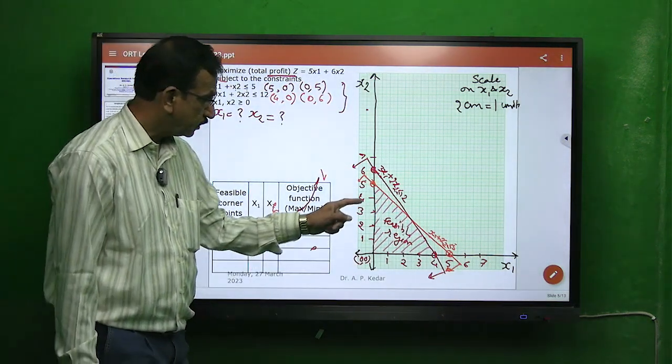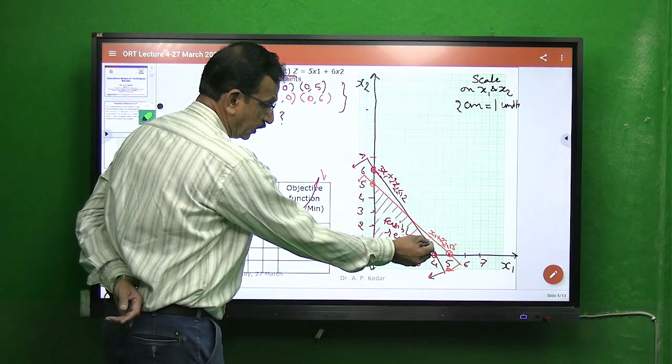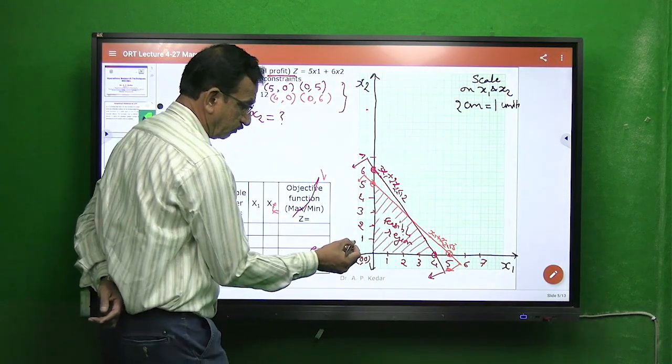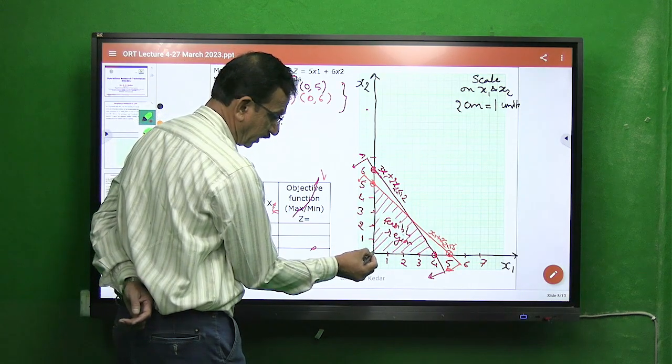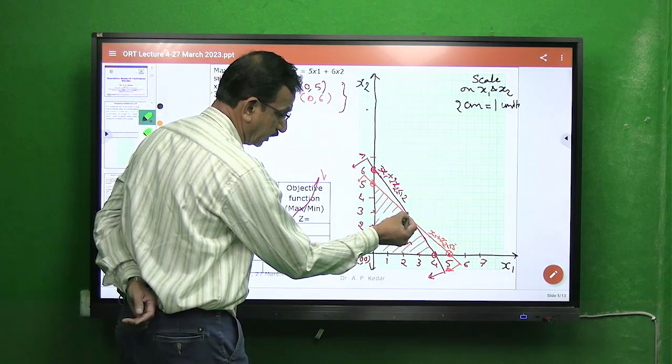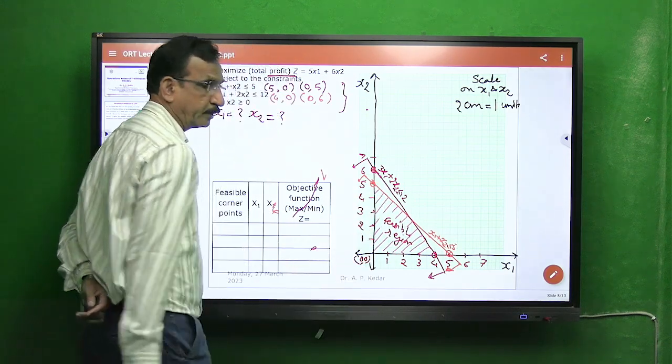See here, I have not considered this region, I have only considered the region which is common. So again, that is the region from this line to this line, this line to this line, this line to this line, and from top to the origin line.